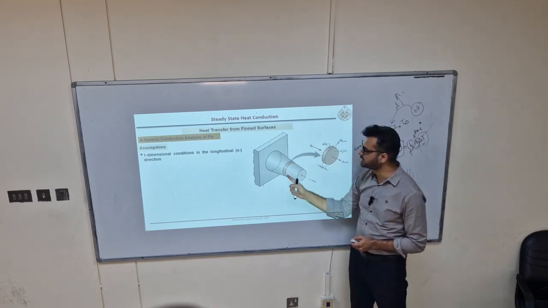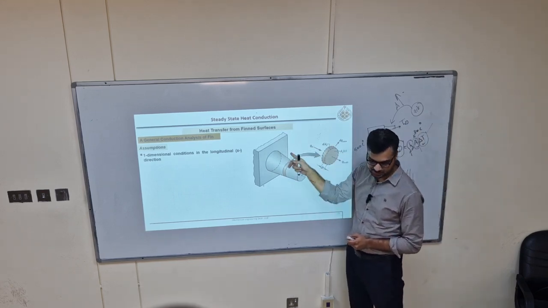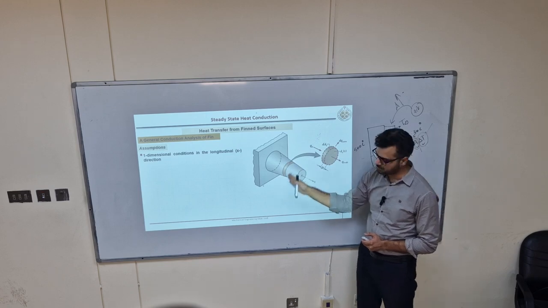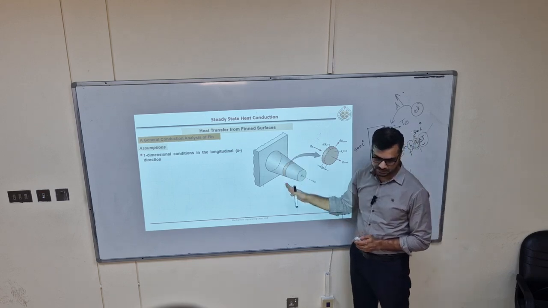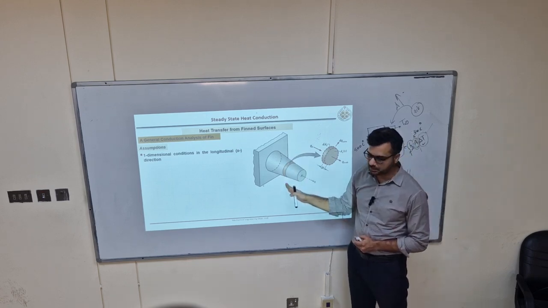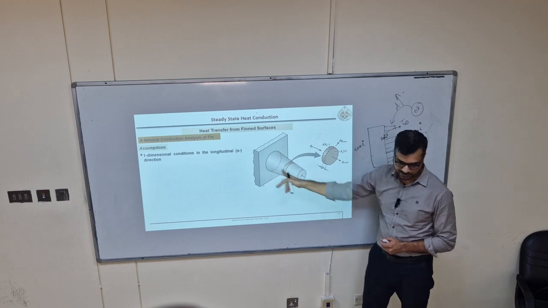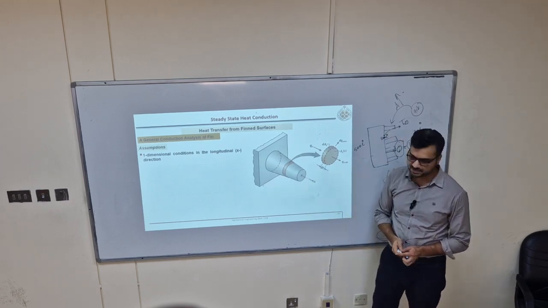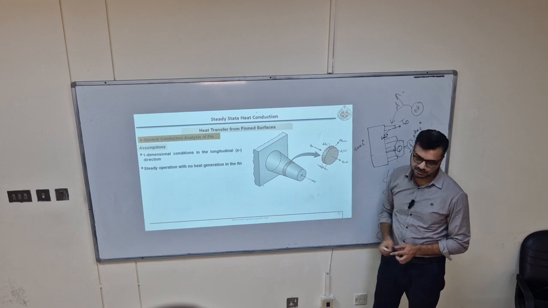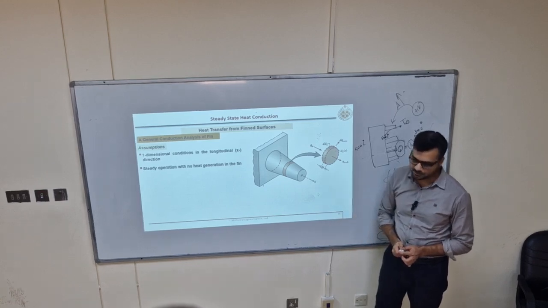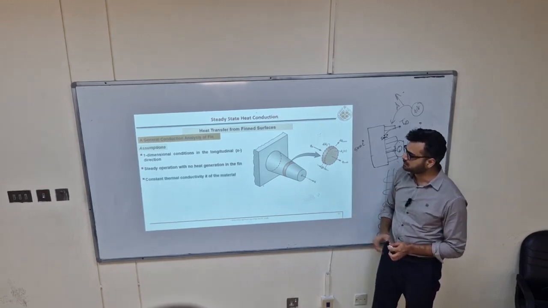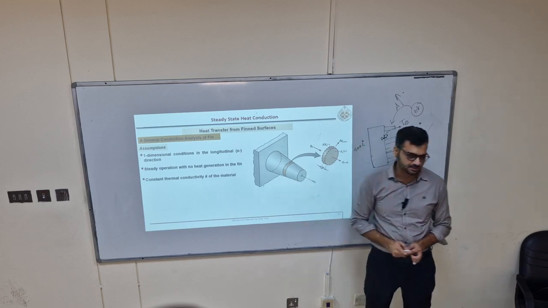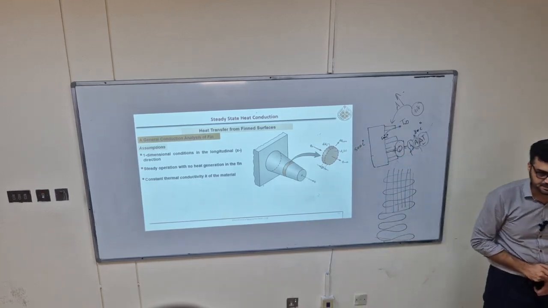There could be conduction in the transverse direction, but we are only considering conduction in the longitudinal direction. So 1D conduction is assumption number one. Second, we are assuming steady state. Third, throughout the fin material, thermal conductivity is constant, it's not changing.